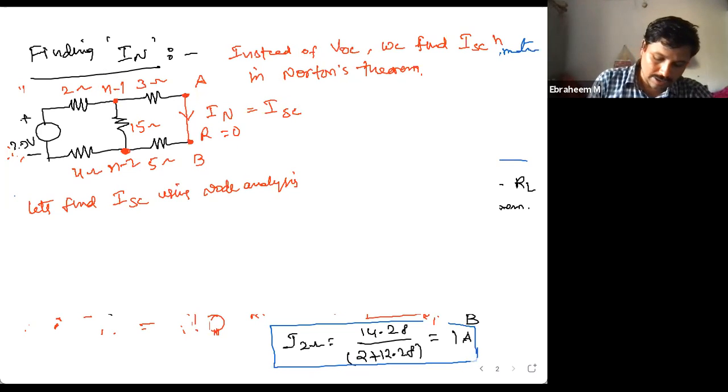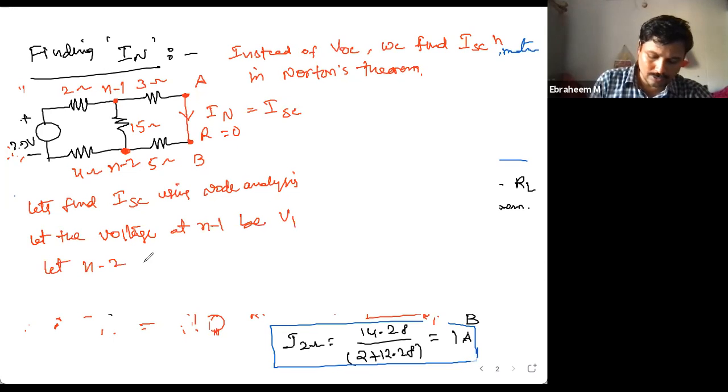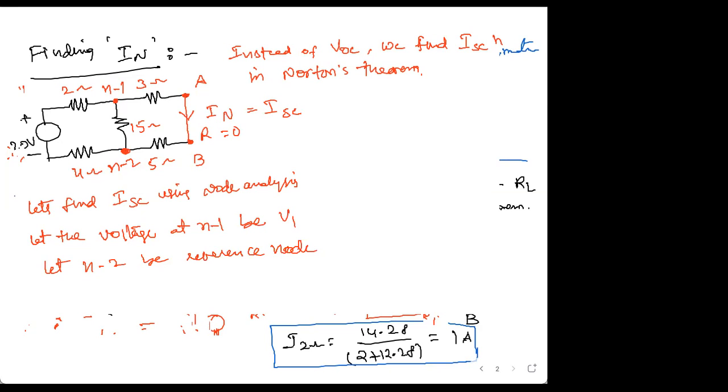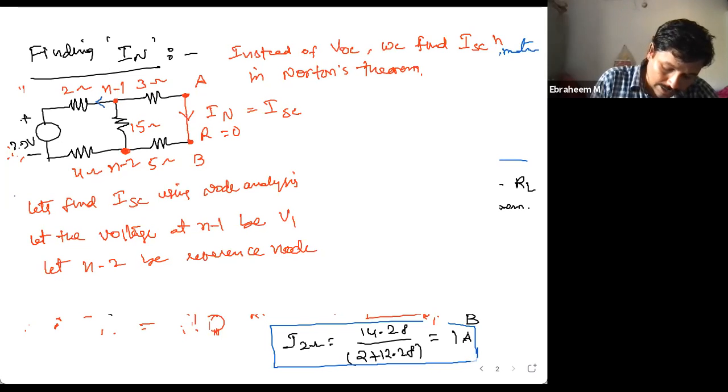Let the voltage at node 1 be V1. Let node 2 be the reference node. Now, let us assume the currents, because there is no current source here.